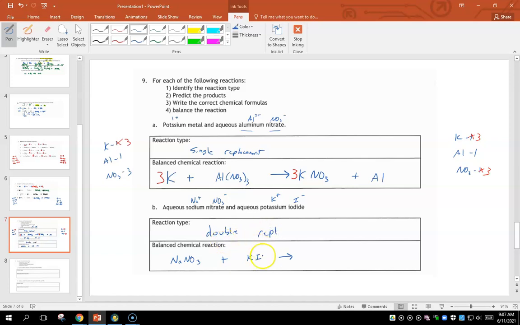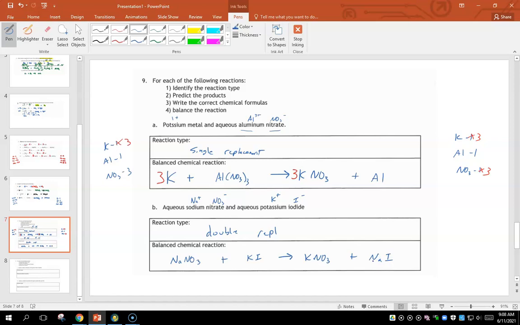Now, when we predict our products with a double replacement, the cations just swap places. So the sodium and the potassium are simply going to swap places. And again, this should be really easy because they're all 1, so it's just going to be KNO3 plus NaI.